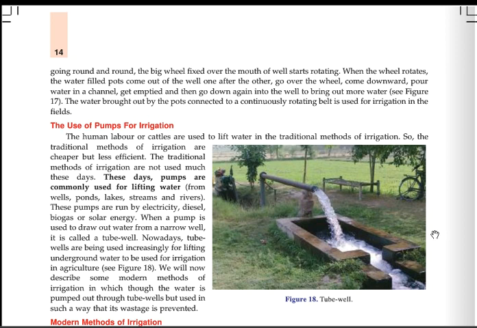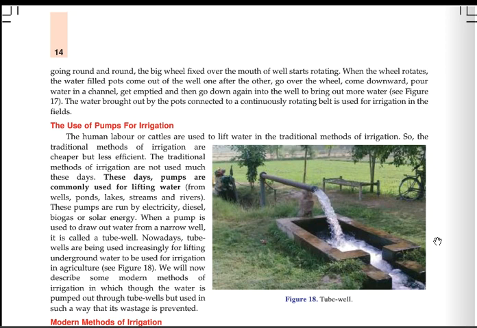That's why we can say that we could irrigate only a small area of land, and our agricultural production got diminished in earlier days.